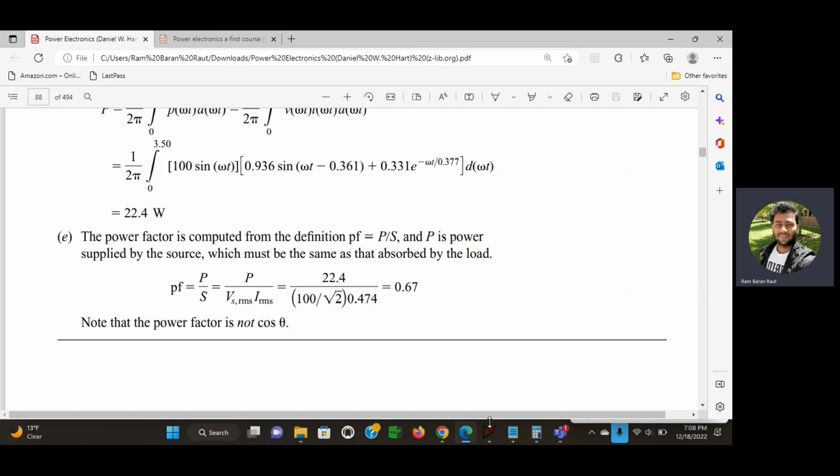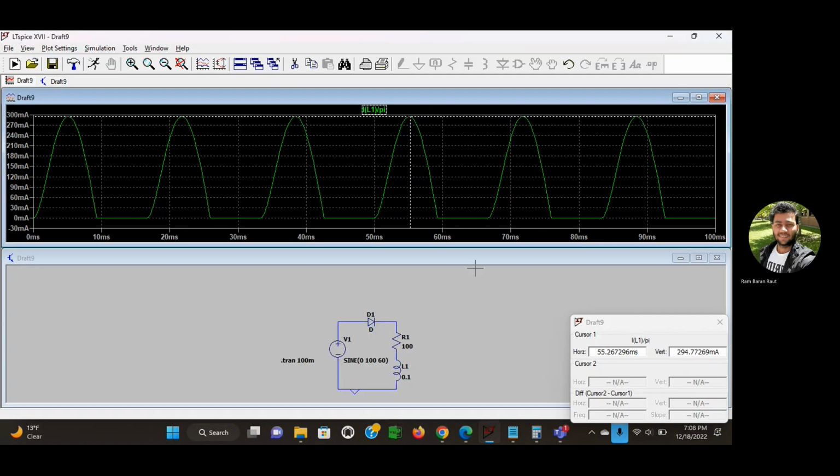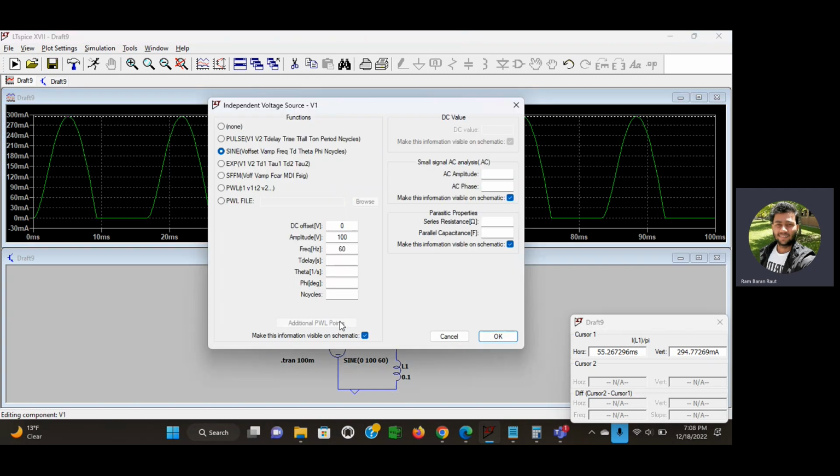So let's go to LTspice. Here I have already built the circuit. I have the sinusoidal voltage based on that example's requirements. The DC offset voltage is 0.